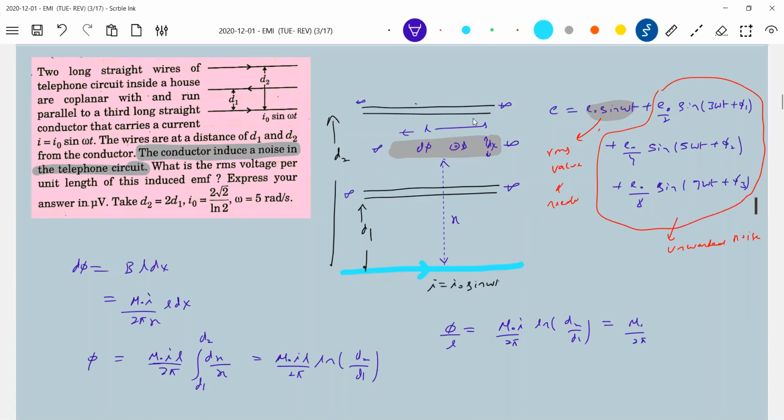I is equal to I naught sine omega t, times log of d2 by d1. So let's differentiate this. This will become the EMF per unit length. Let me call it E dash.